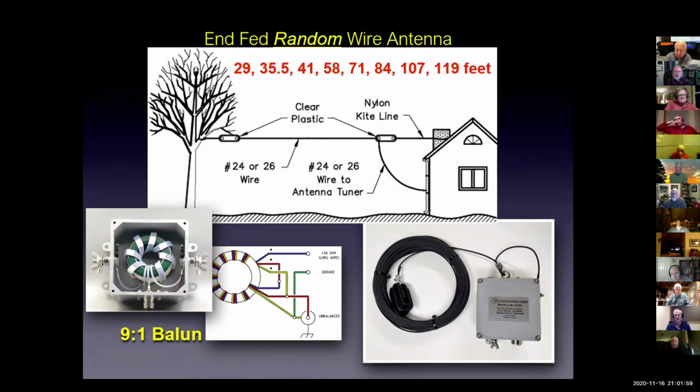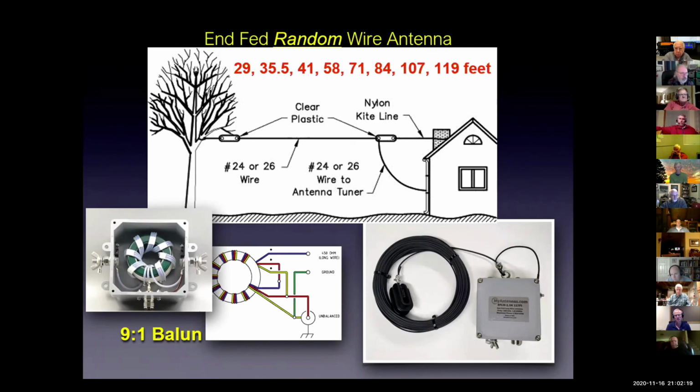I was getting reports that were maybe an S unit less than what Caleb was getting, and it surprised me. But there again, we weren't operating at the same time, and so propagation could have been a factor.